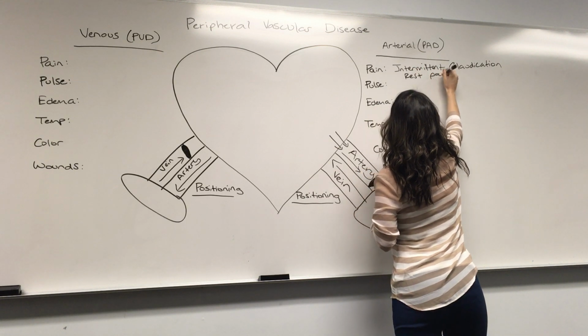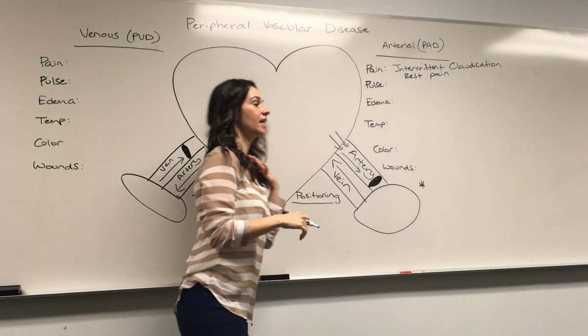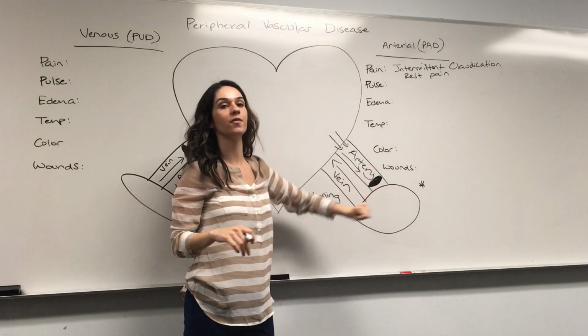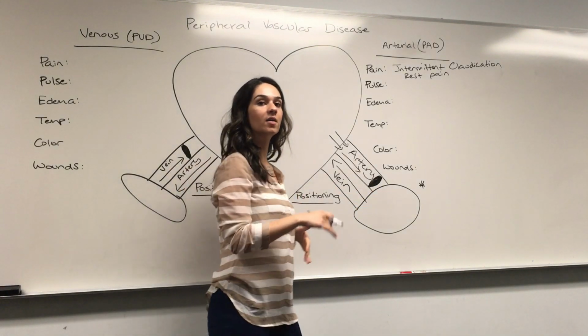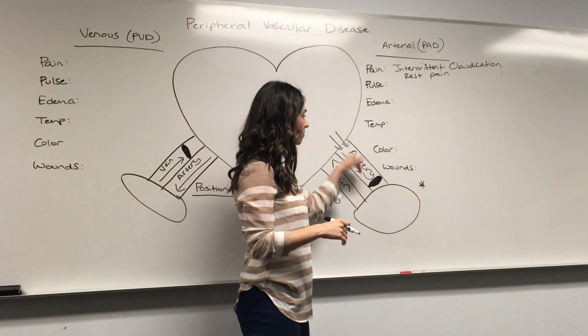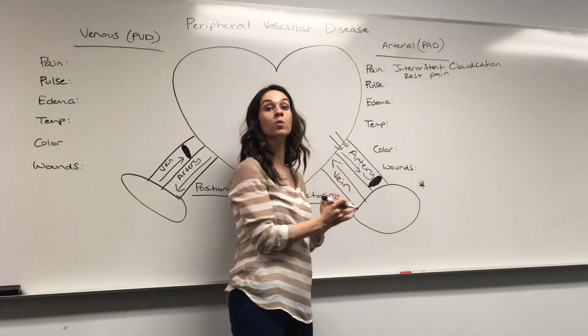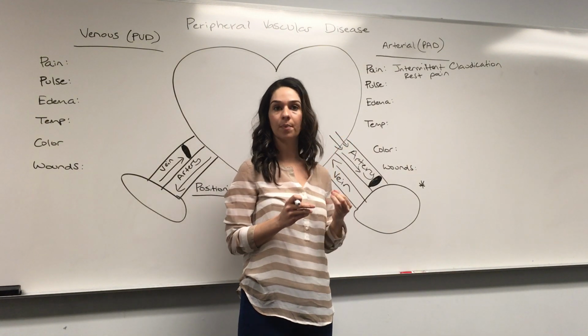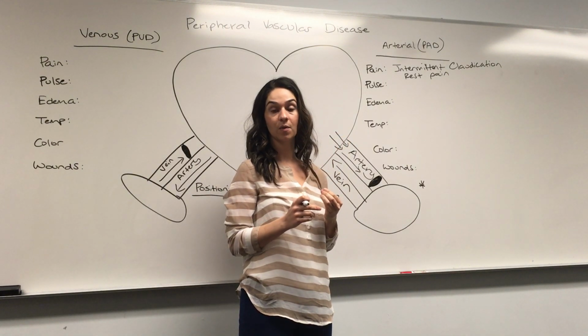So let's talk about this. Intermittent claudication. We know the blood cannot get effectively from the heart to our foot. So this client is walking, and with activity, this blood starts pumping faster, and it just starts pooling in that extremity. So intermittent claudication is a very sharp calf pain with activity, okay?